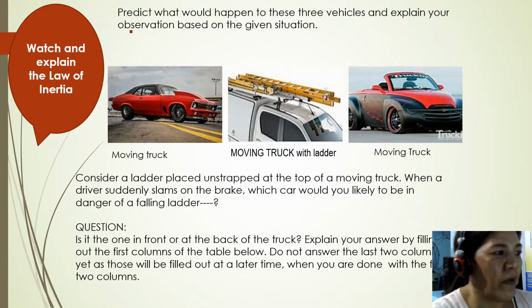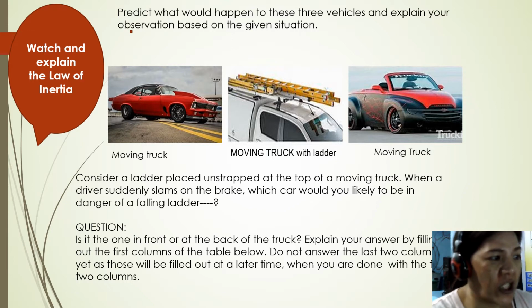Okay, now try to look at these pictures. So what you have to do is predict what would happen to these 3 vehicles and explain your observation based on the given situation. Okay, so the situation goes like this.